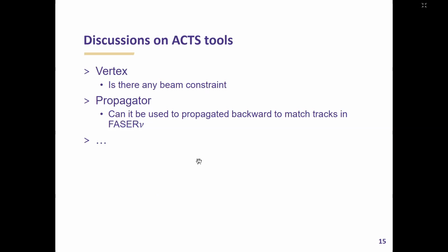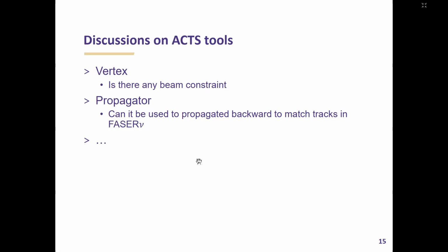And tomorrow in the tutorial session, I'll be showing how to set up a vertex finder using no beam constraint. So that's probably exactly what you want to do. Probably you don't want to use the adaptive multi-vertex finder that I'll be showing, but in any case, you can use it without a beam constraint. Okay, that would be great. Thanks. I see Salva has a question.